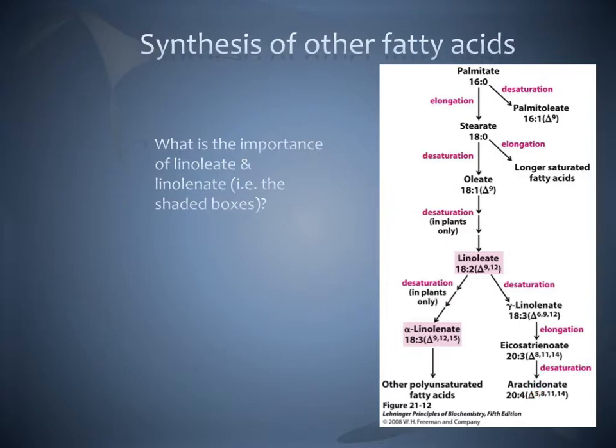So that's not a big deal. However, in order for us to get some of the other PUFAs, you have to get alpha-linolenic acid, because we can't do this one. It's got one at 15 as well. So those are the two that you've got to get from your diet.